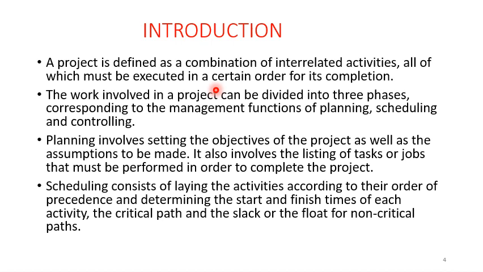We call that a precedence or a successor relationship. A preceding activity is an activity which should be completed before the next activity can start. Similarly, a successor activity is an activity which can start only when its preceding activity is completed.